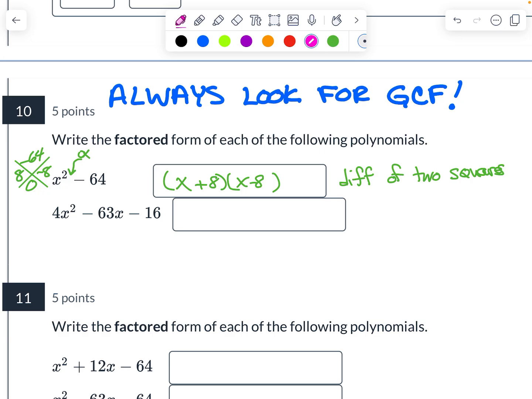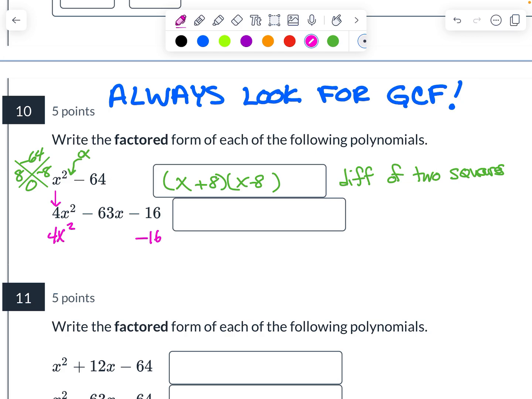Okay, the next one. The next one has no greatest common factor, but it has a lead coefficient, not 1. So I am going to write 4x squared, and I'm going to write negative 16.